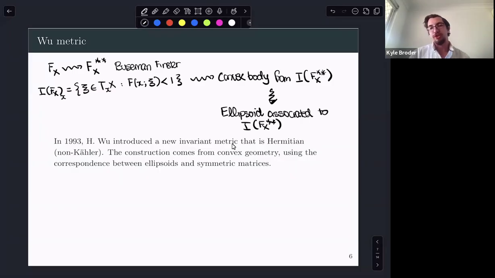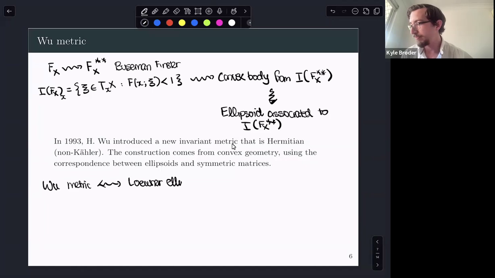And the one that Wu works with is what's called the Löwner ellipsoid. So the Wu metric is in correspondence with this Löwner ellipsoid, which is the ellipsoid of minimal volume that contains the given convex body.